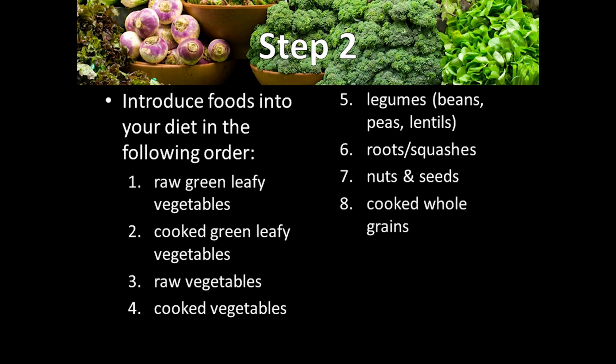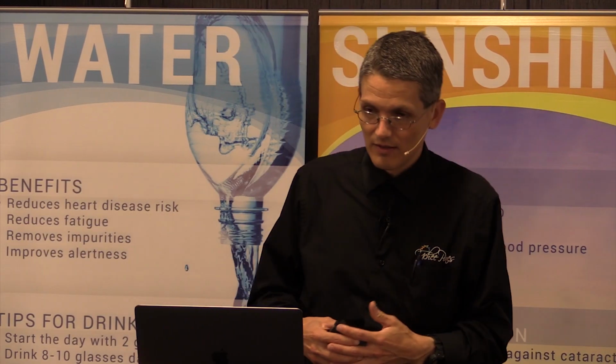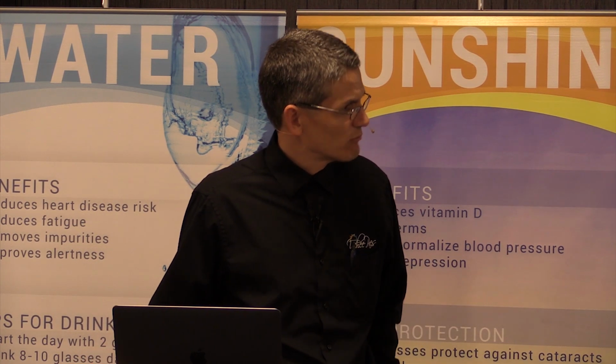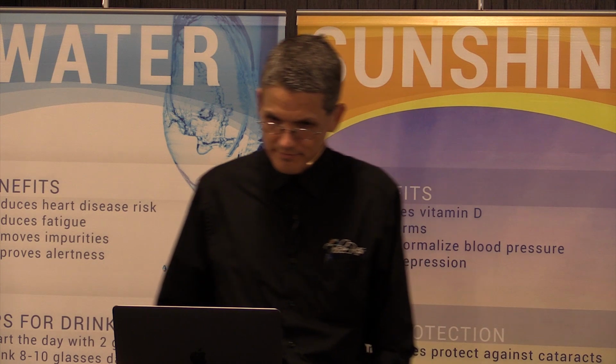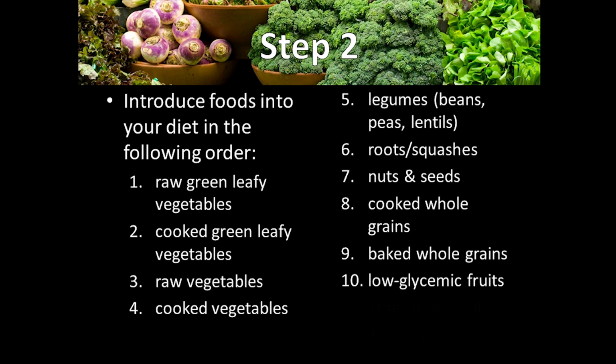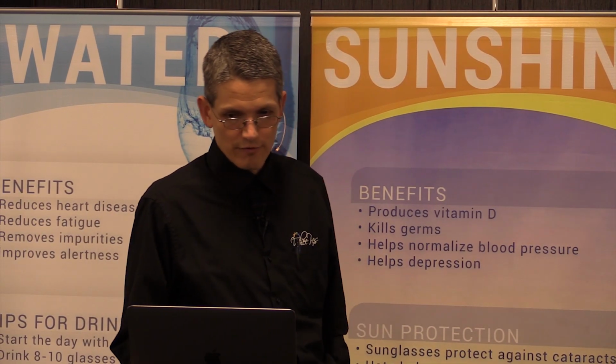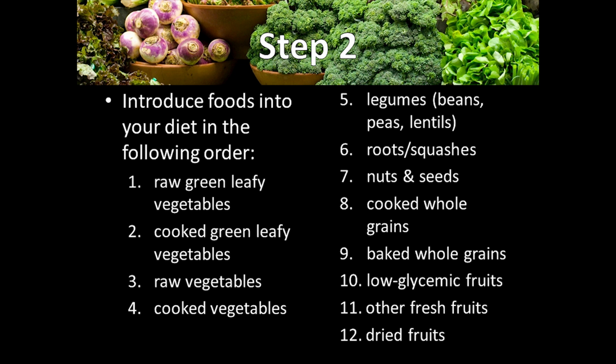And then you can add in your cooked whole grains, right? Like barley and oats and brown rice and so on. And then you can add in your baked whole grains, and your low glycemic fruits, your other fresh fruits, maybe not so low glycemic, and then finally your dried fruits.